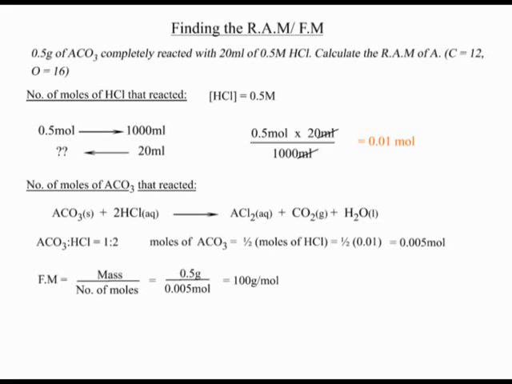Now, the formula mass of a compound is the sum of the relative atomic mass of individual elements. And so for A carbonate, A plus 12, the relative atomic mass of carbon, plus 16 times 3, the relative atomic masses of 3 oxygen, is equal to 100 grams per mole. And so A plus 60 is equal to 100, and A is 40 grams per mole.